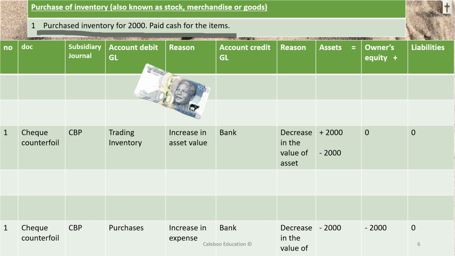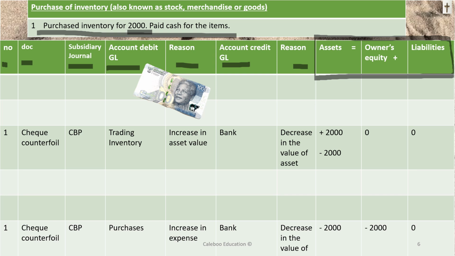Paid for inventory cash 2,000, under the following table headings: the document, what journal this transaction will be recorded in, which account is debited, reason, which account is credited, reason, and I show the effect of the transaction with both stock systems on the accounting equation. Assets equals owner's equity plus liabilities. So here's the perpetual inventory system first.